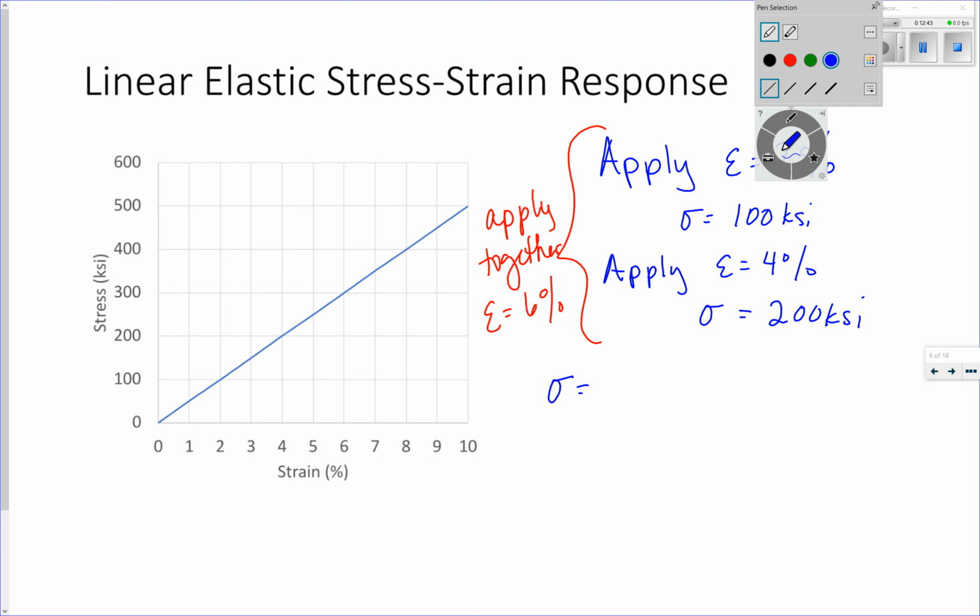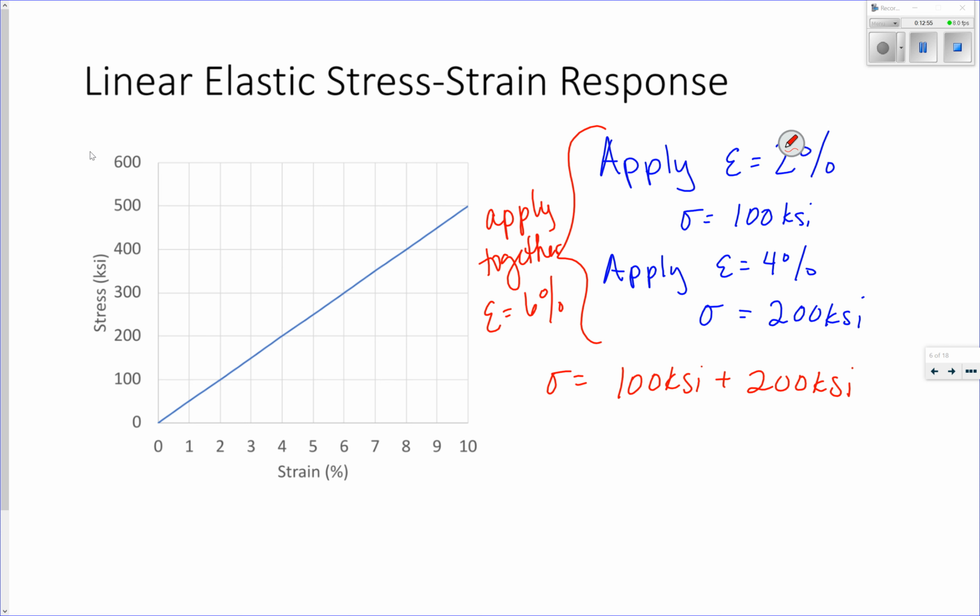That stress would be equal to 100 plus 200. So I have a 6% strain, and hopefully it results in 300 KSI if I get to use superposition. And yep, 300 KSI. So, yep. So I can use superposition because I have a linear elastic material.